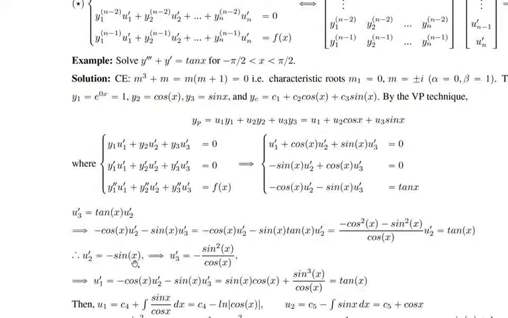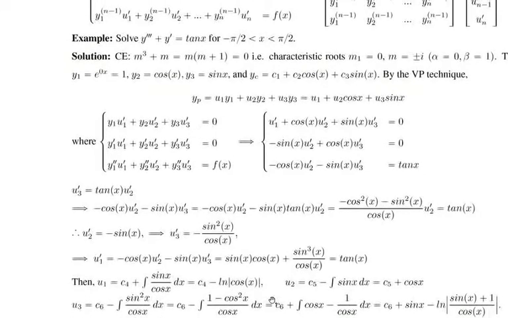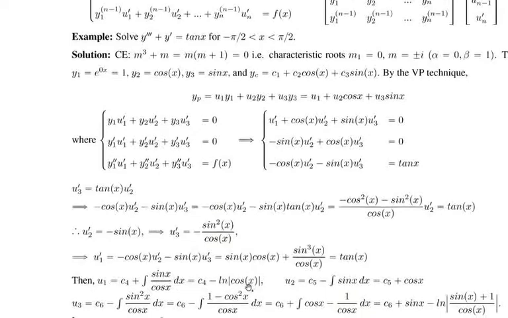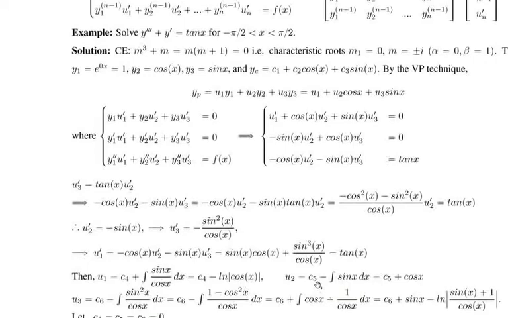So we have found what u1 prime, u2 prime, and u3 prime are. Now I need to integrate those three equations to get what u1, u2, and u3 are. So u1 is the antiderivative of tan x, which is some constant c4 minus the antiderivative of sine x over cosine x, which is ln of absolute value of cosine x. u2 is the antiderivative of minus sine x, which will be some constant c5 plus cosine x.